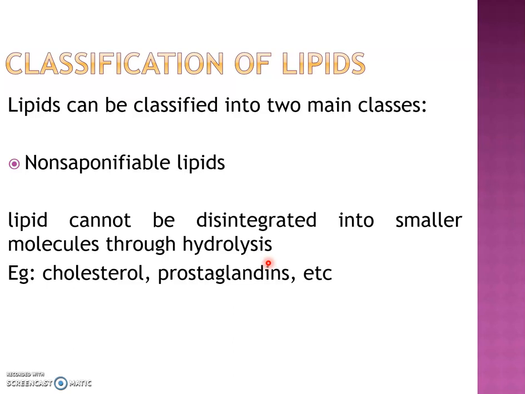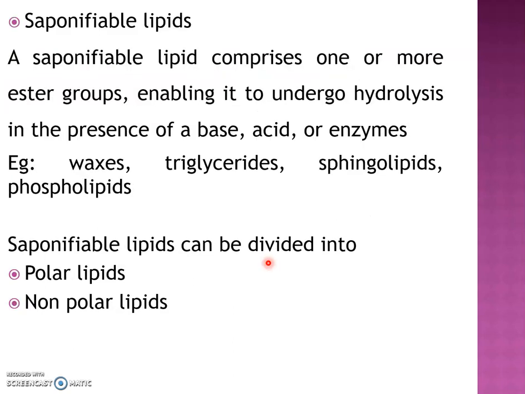So lipids that cannot be disintegrated into smaller molecules via hydrolysis are termed non-saponifiable. For example, we cannot break the cholesterol molecule, a lipid molecule, by hydrolysis into smaller components. That is called non-saponifiable lipid.